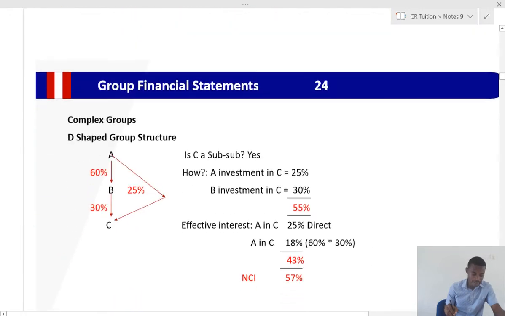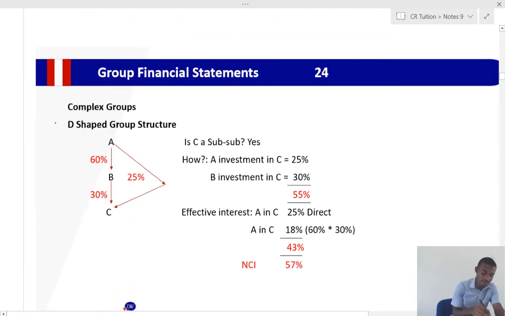The next example of complex group structure is what we call the D-shaped group structure, where we have to look at effective control or effective interest. Now I need you to pay attention here.